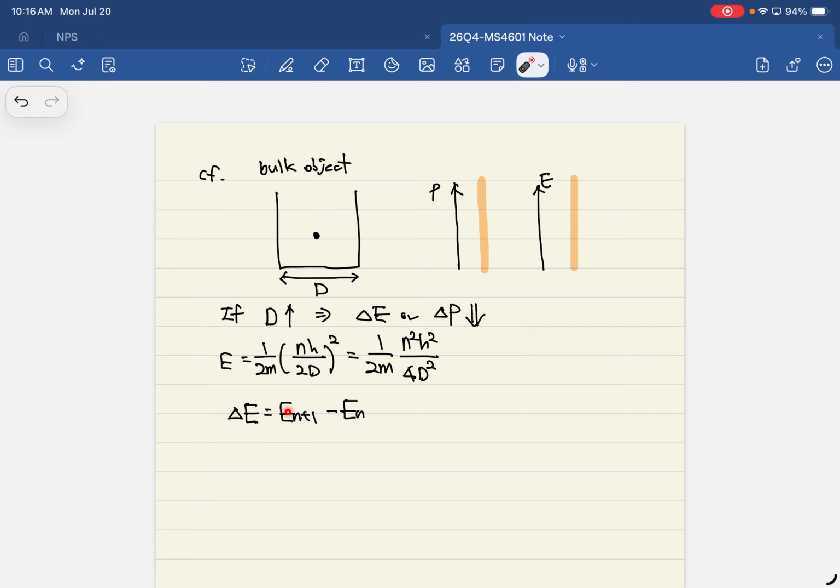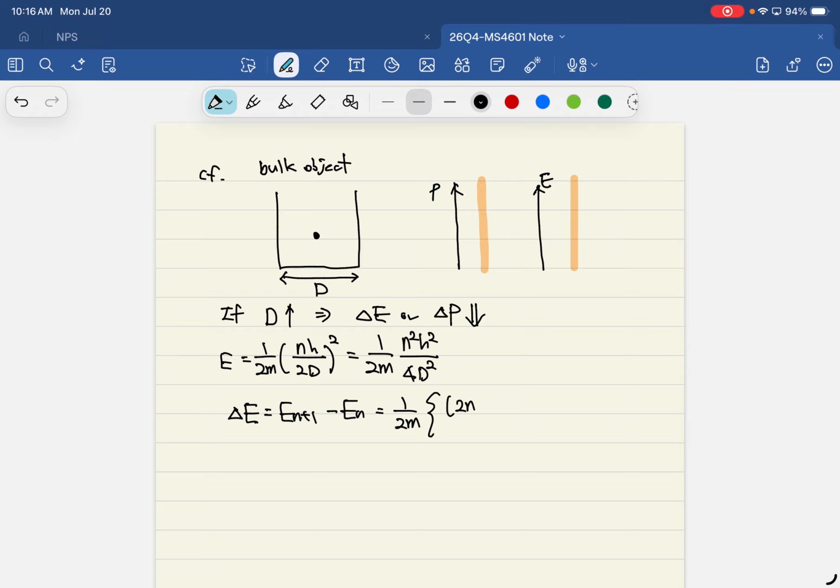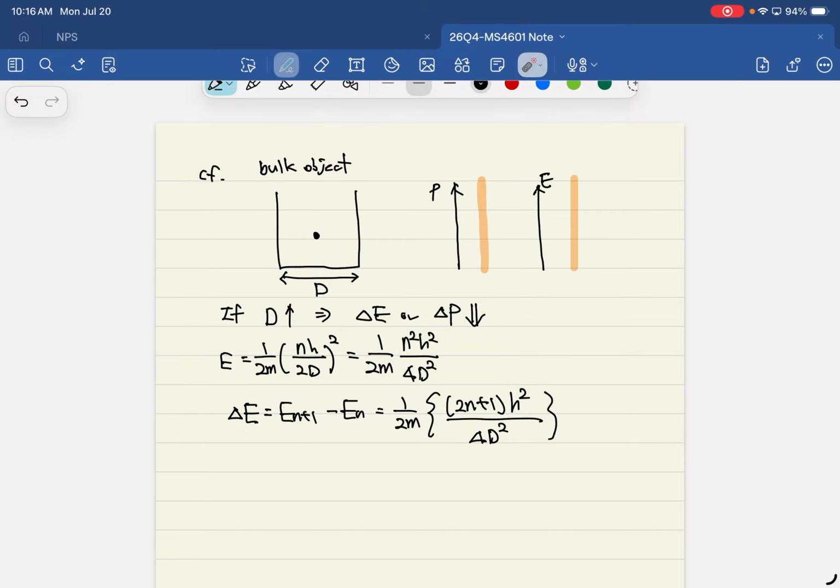The one higher level and then the level itself, then that is essentially 1 over 2m (2n+1) h squared over 4d squared. Okay? And then, for bulk objects, these are relatively large. This is why we have this smaller delta E and delta p.